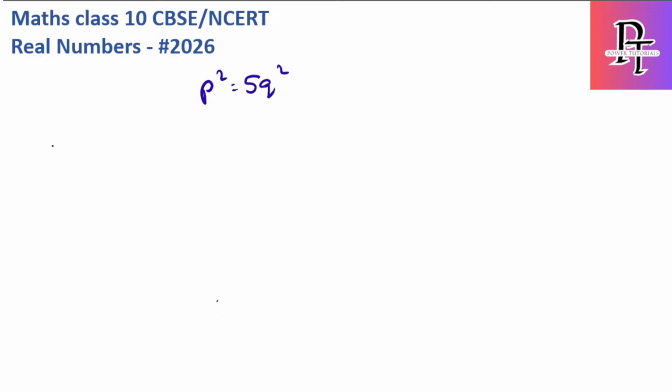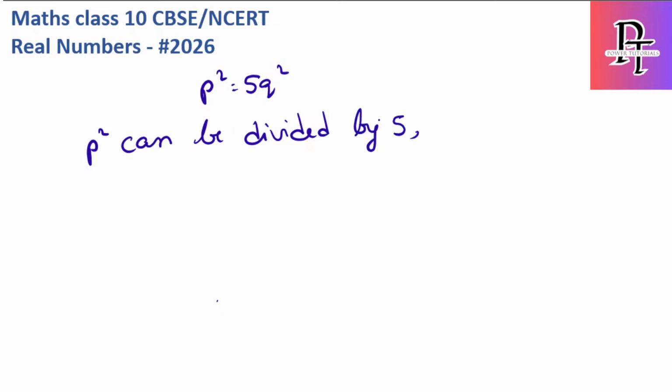So it is stating that p square can be divided by 5, and we already know the theorem. Then p can be divided by 5.